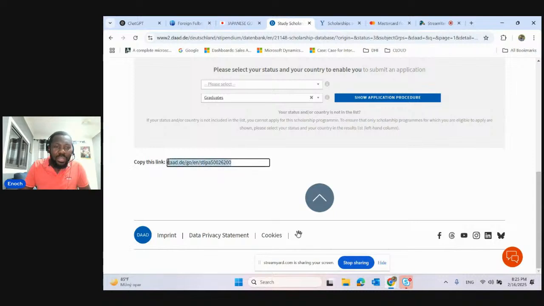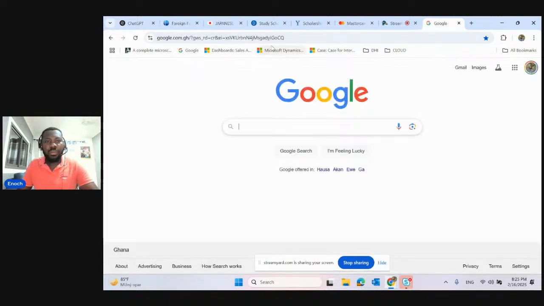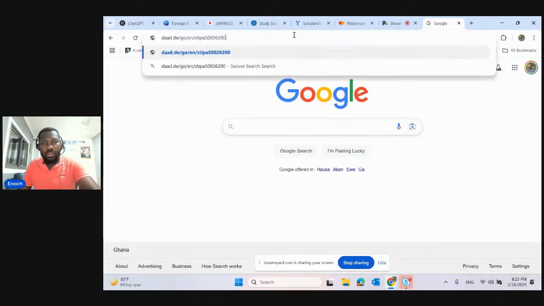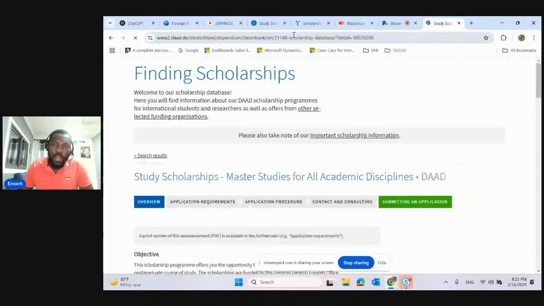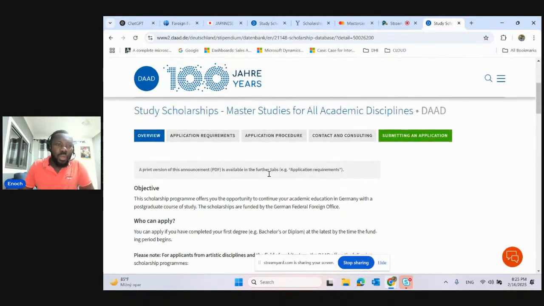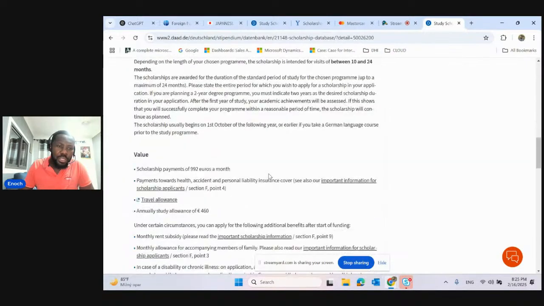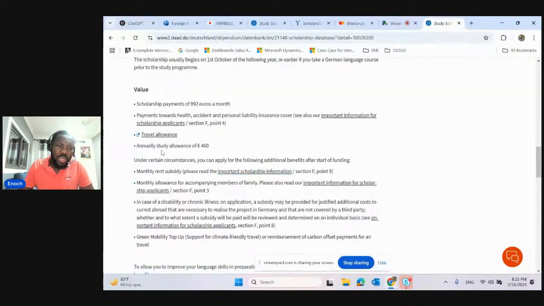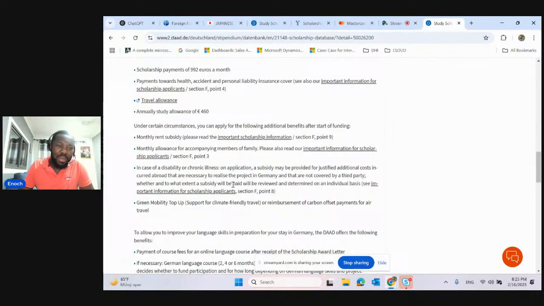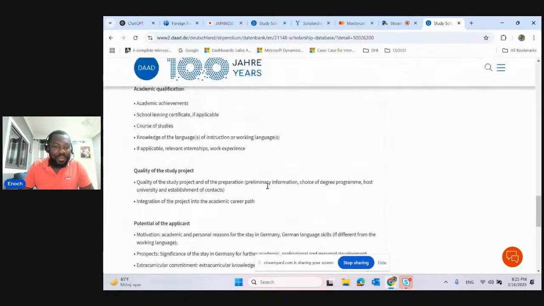Okay, so basically, it's still about the information we just went through. So they have an annual steady allowance of this much.